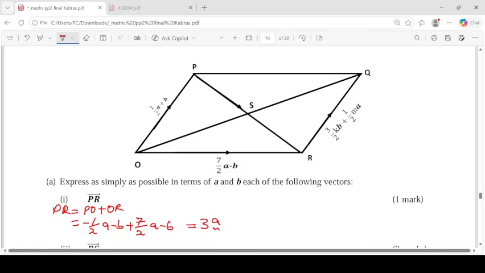Then minus B minus B, that is minus 2B. So this is 3A minus 2B.